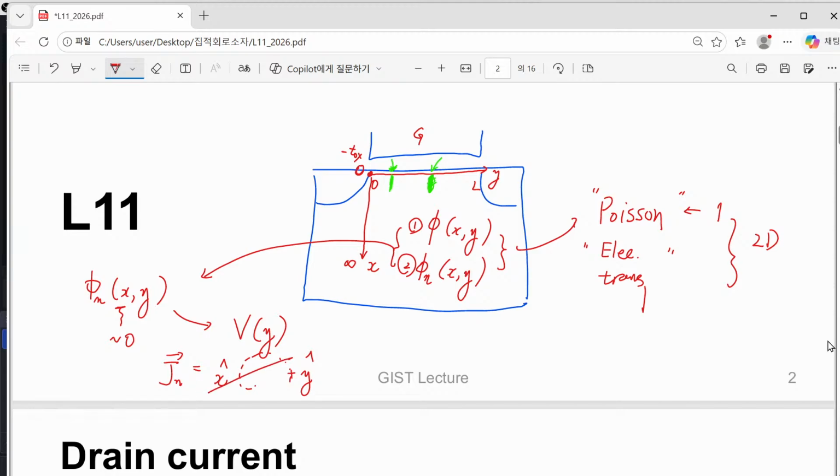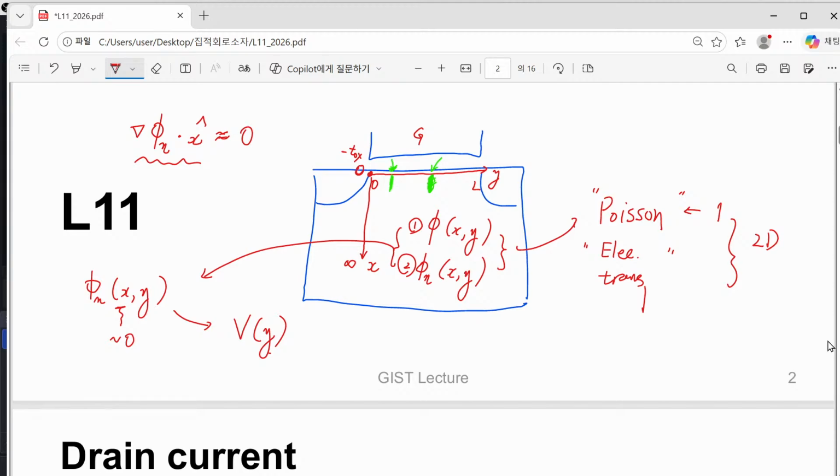So we should not allow this kind of thing. Simply speaking, when we project phi n onto the x directional unit vector, it should be almost 0 to prevent current conduction. So that was our argument to introduce this y-dependent electron quasi-Fermi potential.